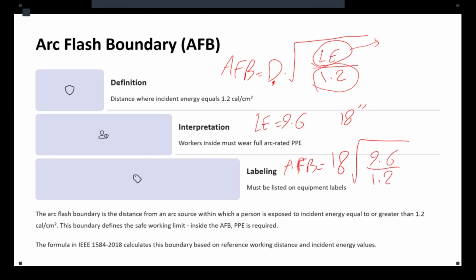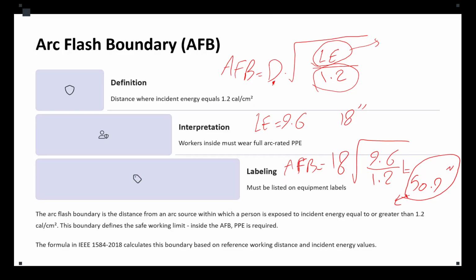If you do the calculation, it's about 50.9 inches. So this is our arc flash boundary. Outside of this distance, we are below the burn threshold. Inside of this distance, closer to the arc flash source, you need to have properly rated PPE for those situations.